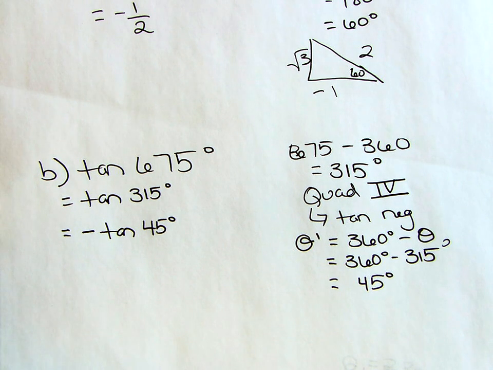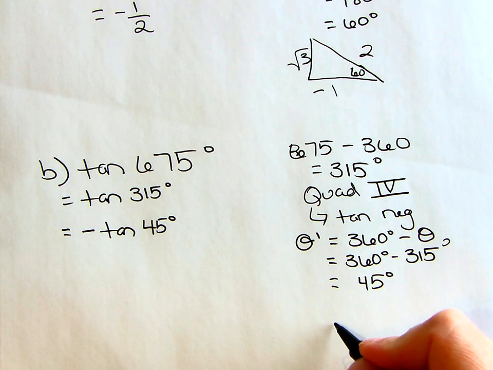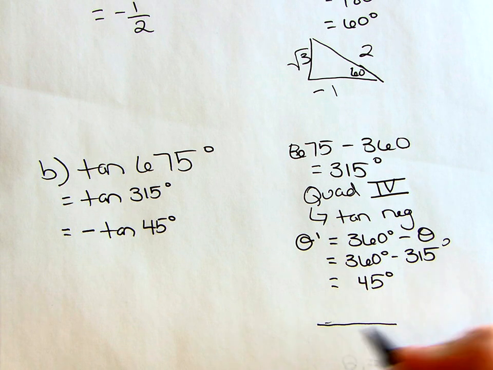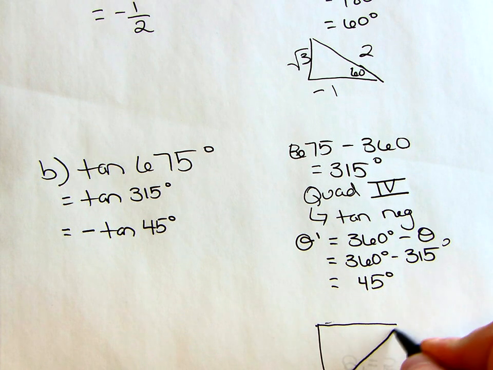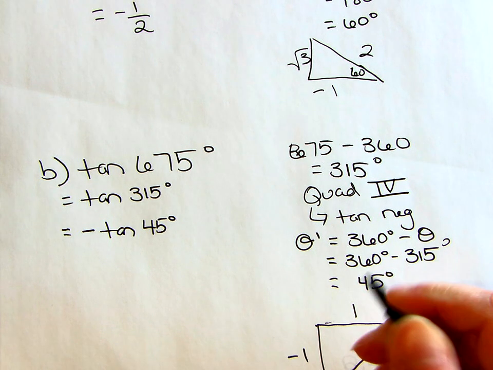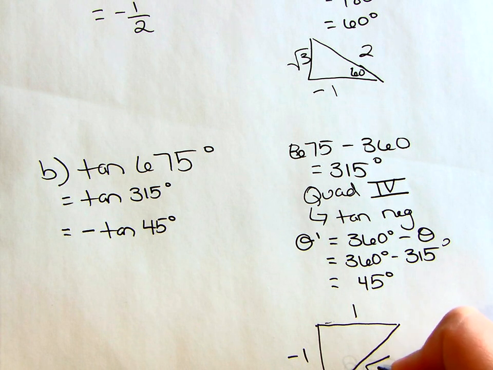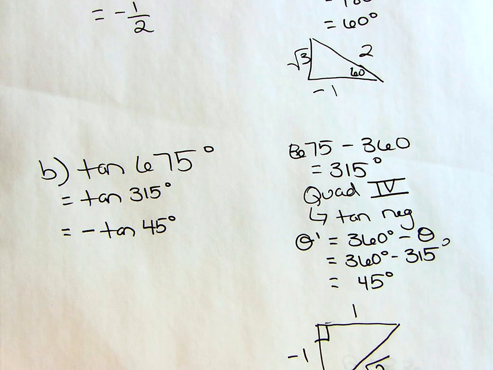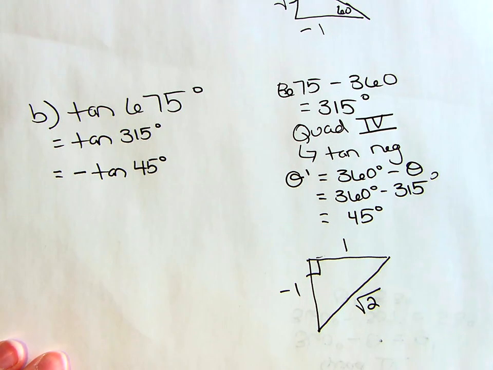Let me draw the triangle: 1, -1, square root of 2. It doesn't matter which is our 45 because both angles are 45.